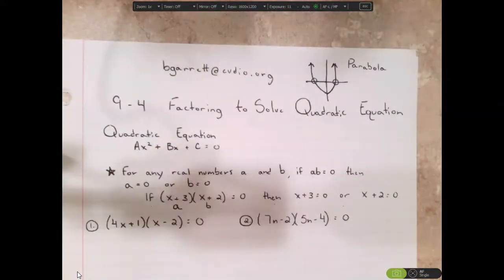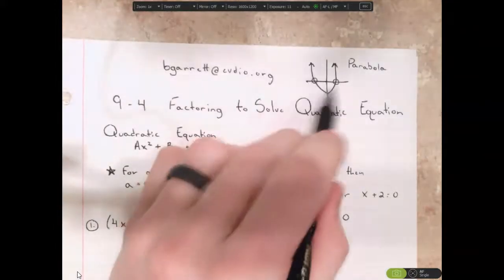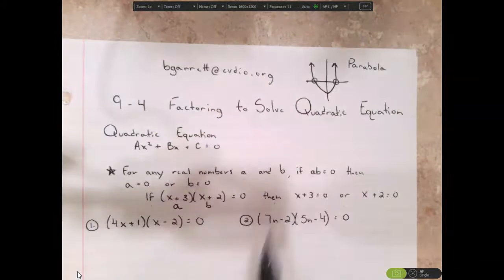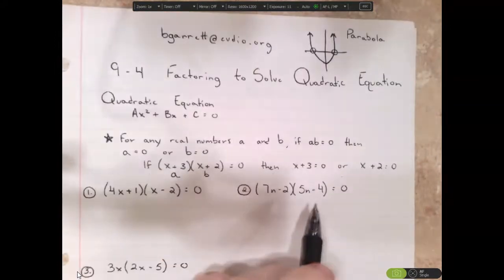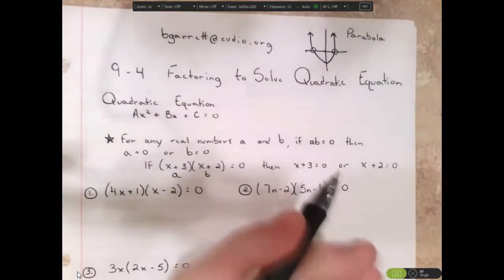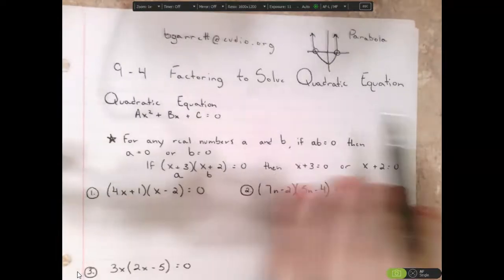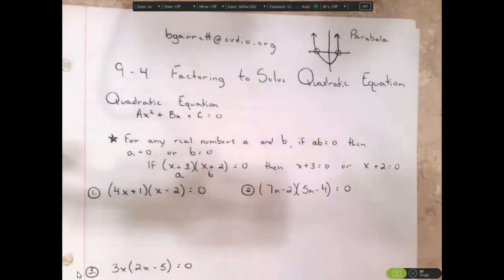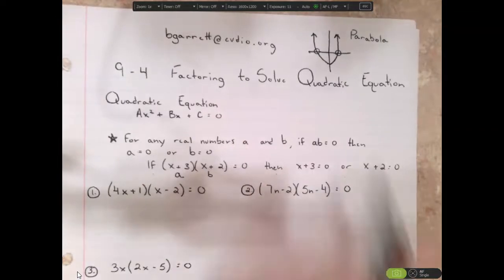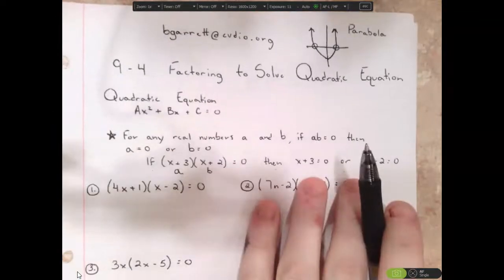So there's going to be 2 solutions, wherever it passes through the x-axis. That's what we're finding today: what the solutions could be. It's going to be one or the other because we know that the other one has to be 0 because it's passing through 0.